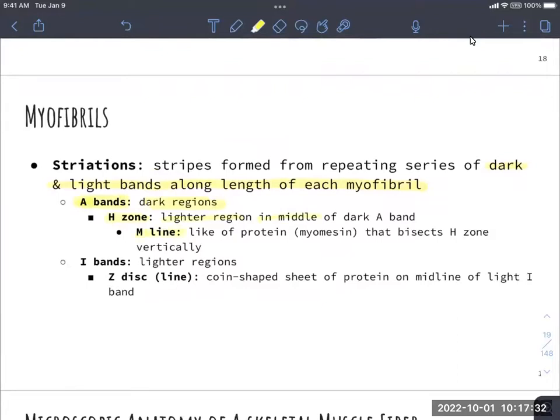They have an M line that goes vertically through that H zone, and it's made of a protein, myosin. And then those light bands, we said, are I bands. Within those I bands, we have Z discs. Those Z discs are kind of coin-shaped sheets in the middle of the light I band.